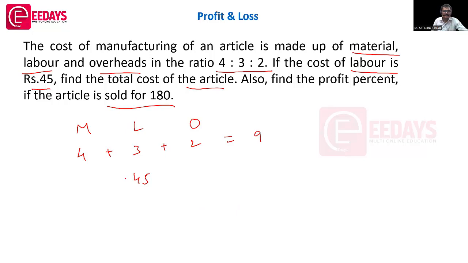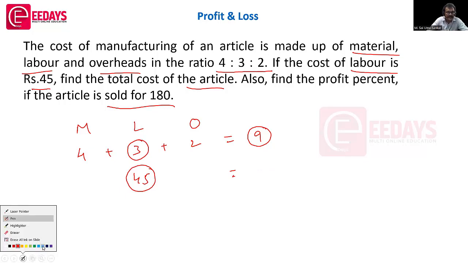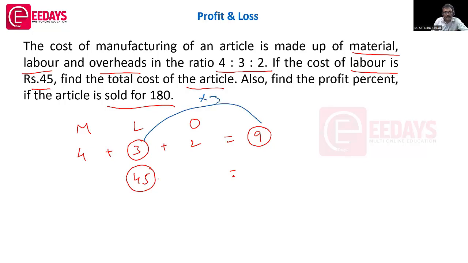If the labor cost is 3 rupees, then the cost price is 9. If the labor cost is 45 rupees, then what is the cost price? Here 3 into 3 is 9, so 45 into 3 is 135. So CP is equal to 135.